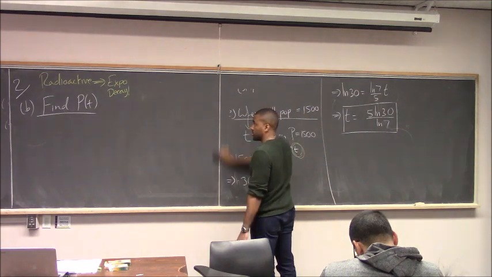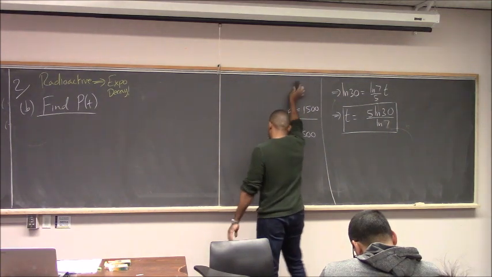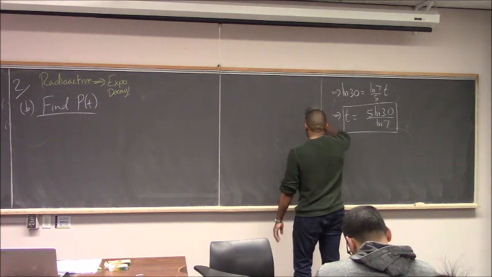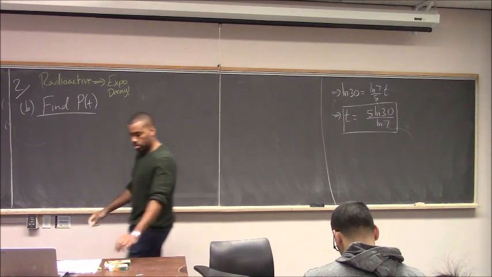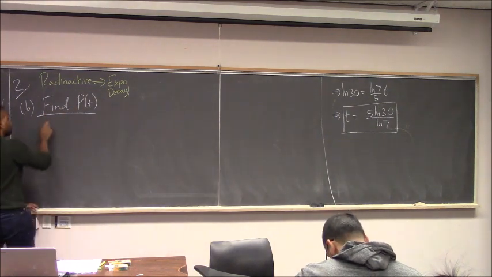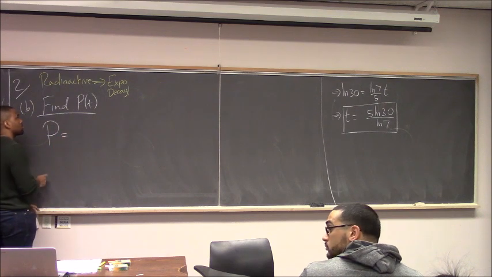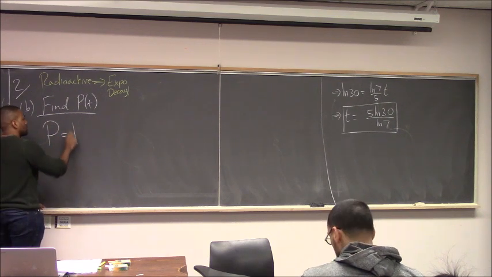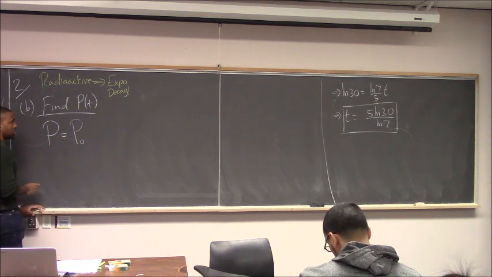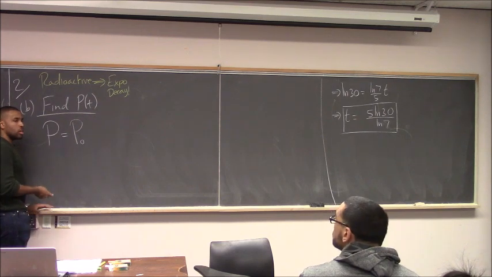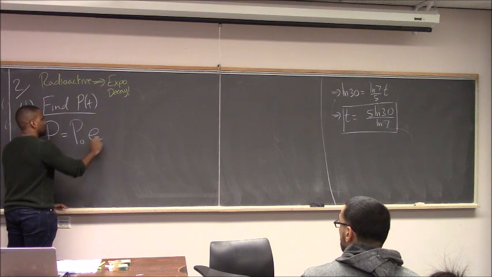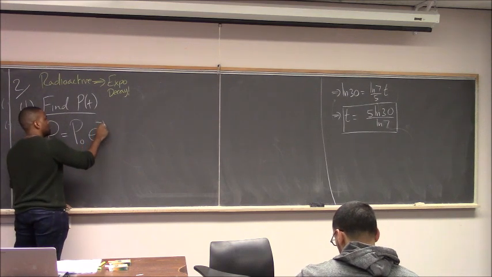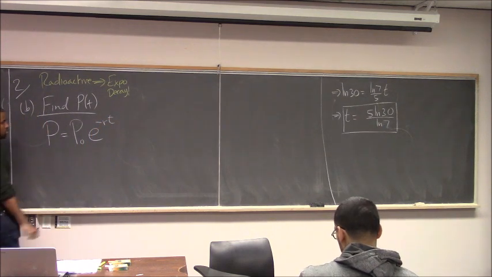Use the second formula. Okay. What does that say? P of t is equal to P sub 0, or P naught, is how we refer to it, e to the minus rt.